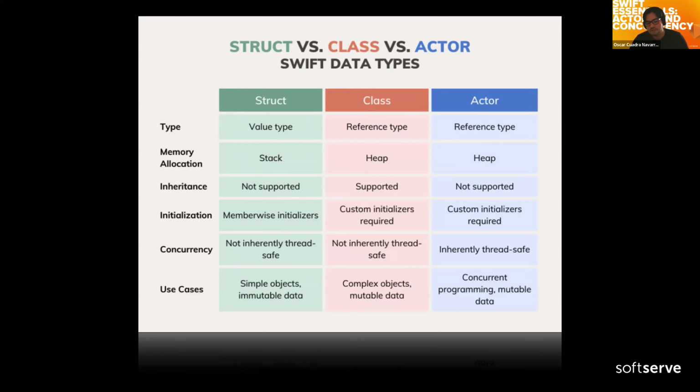We need to create this part in memory, so initialization is required, similar to a class. Actors do not support inheritance, and actors are thread safe, so they are created for working with concurrency. As for use cases, structs are simple objects, classes are complex objects like mutable data, and actors are focused on concurrent programming with multiple data.